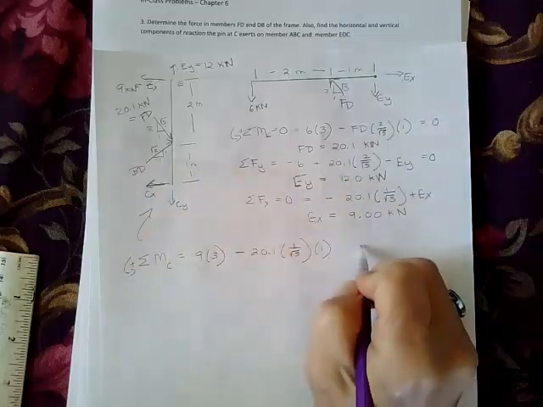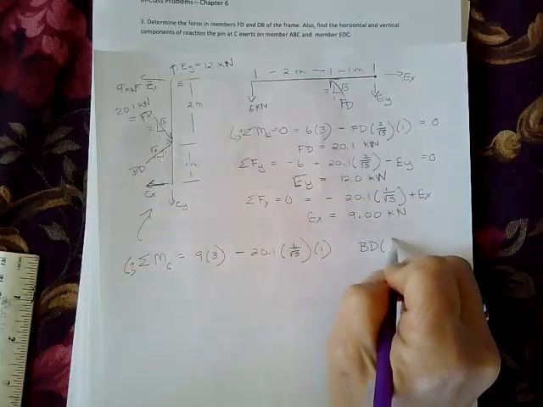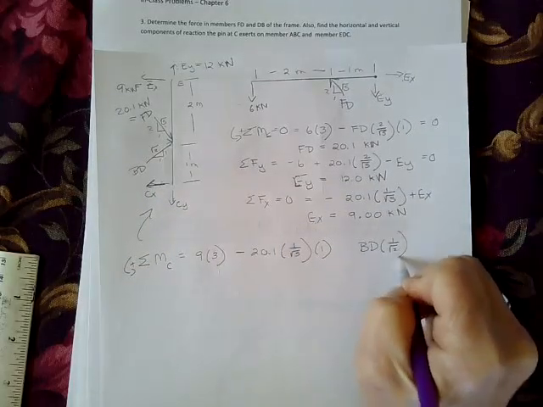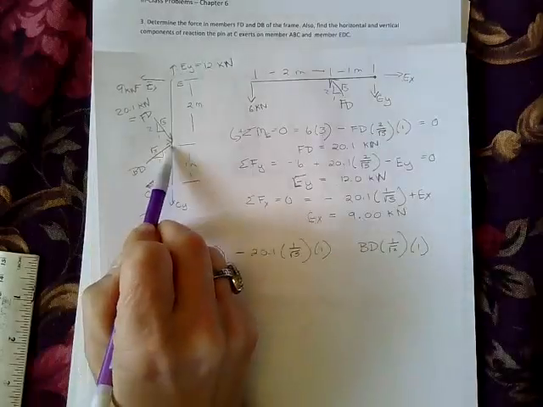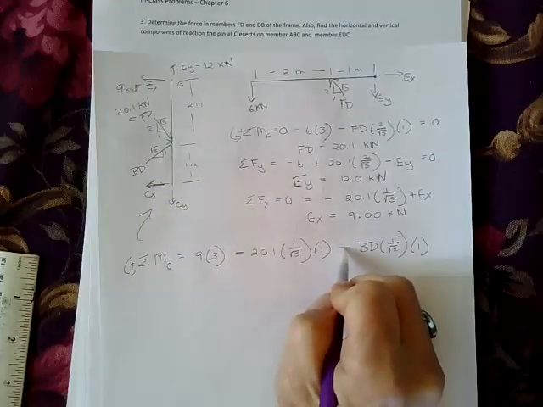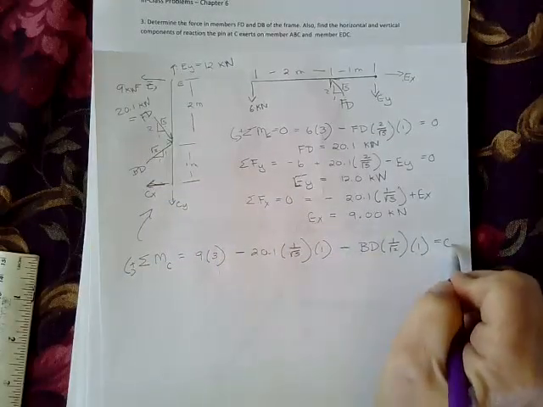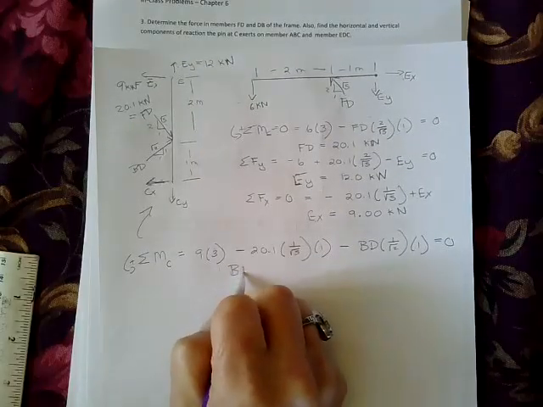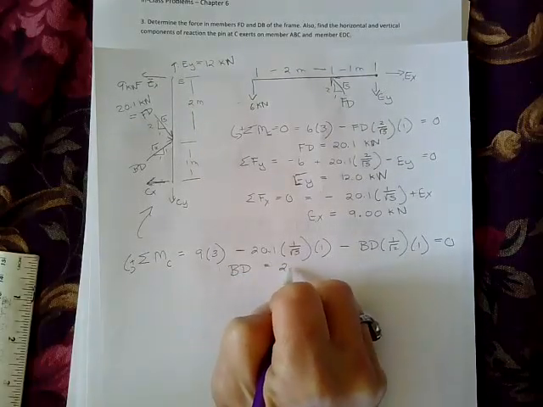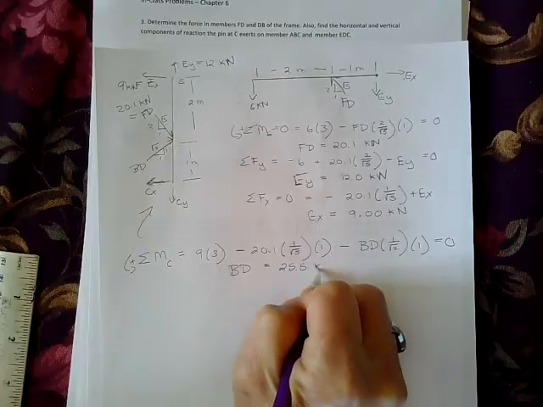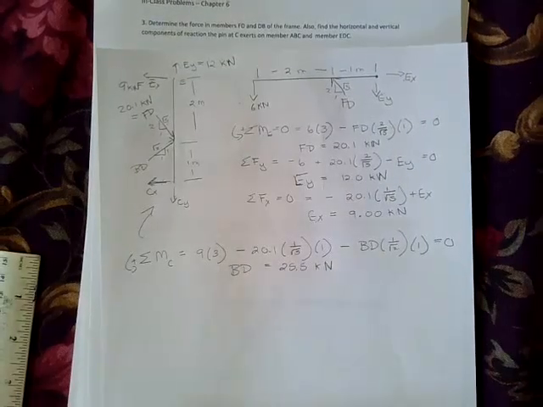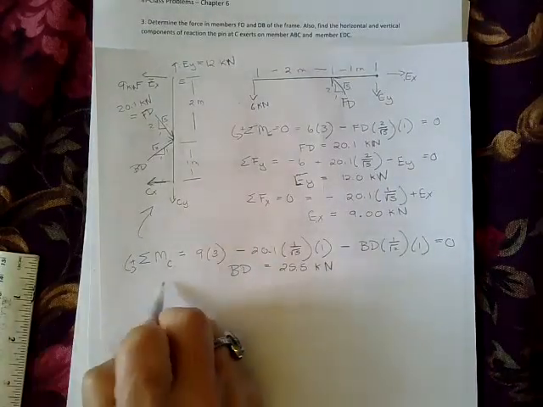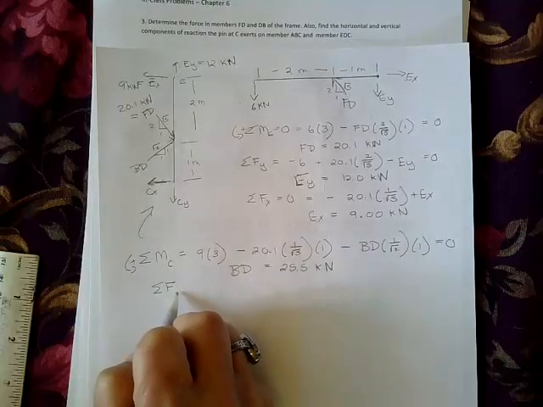And then we'd have BD, which would be 1 over the square root of 2, and that's going to be a distance of 1, and that would also be negative, and all of that has to equal 0. So my BD, if I solve for that equation, is going to be 25.5 kilonewtons.